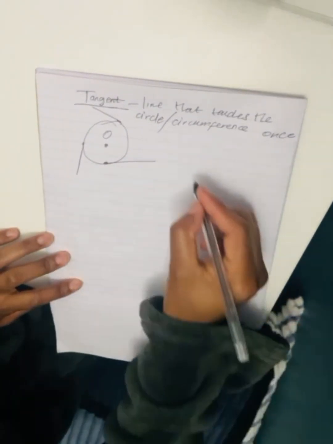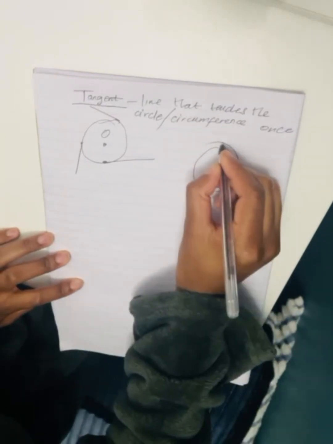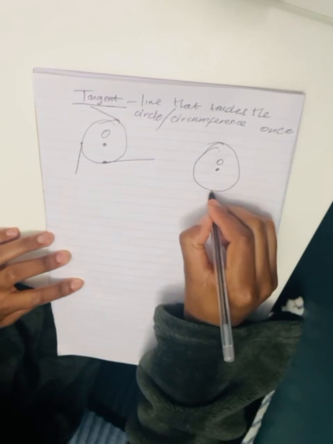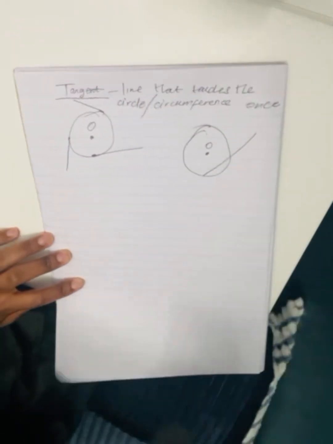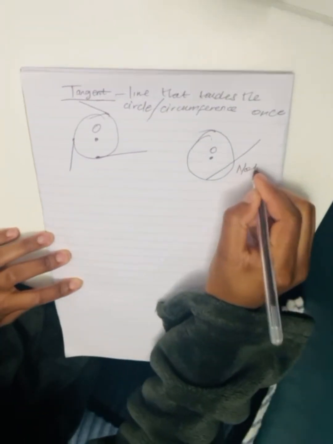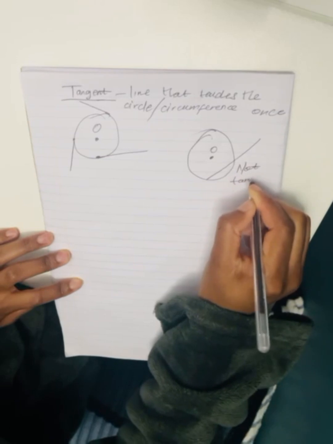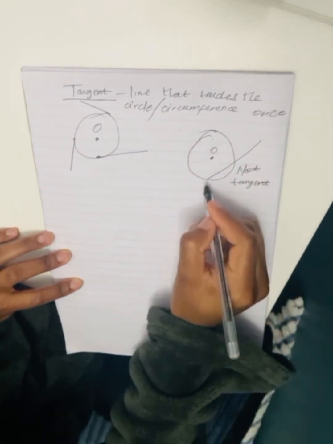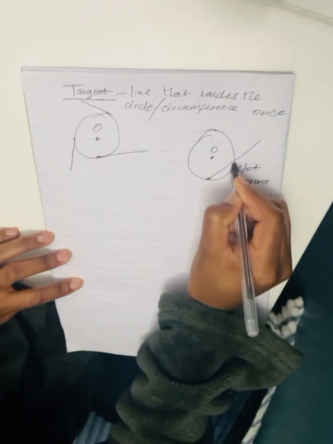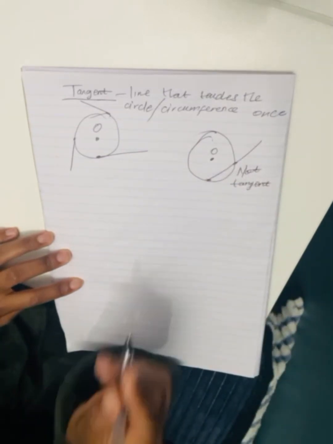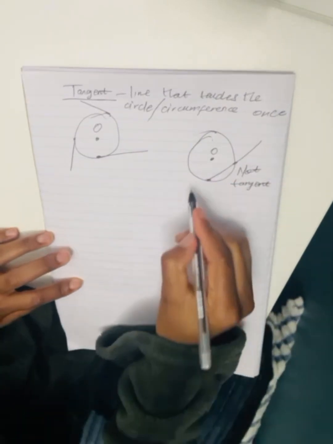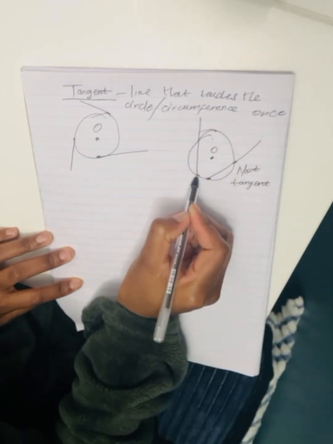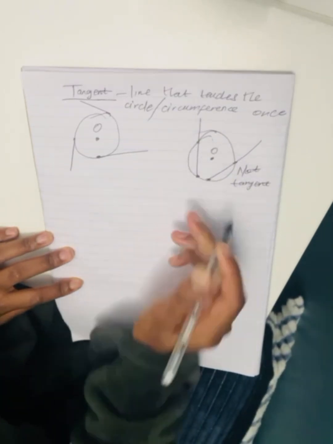But when you have a circle with center O and a line passing like this, this is not a tangent. Why? Because it touches the circle twice, here and also here. A tangent doesn't pass like this because this touches the circle twice, 1 and 2.